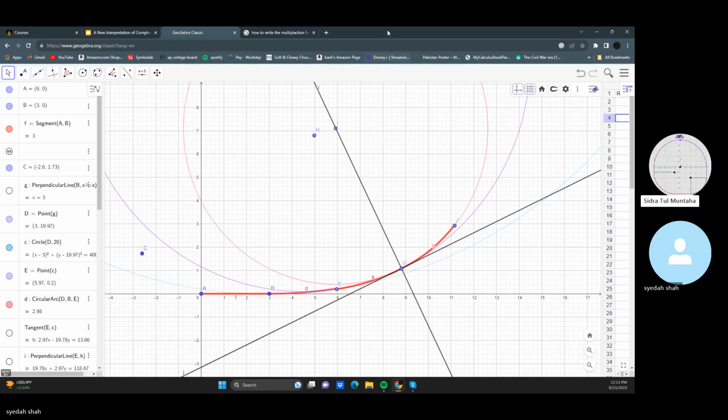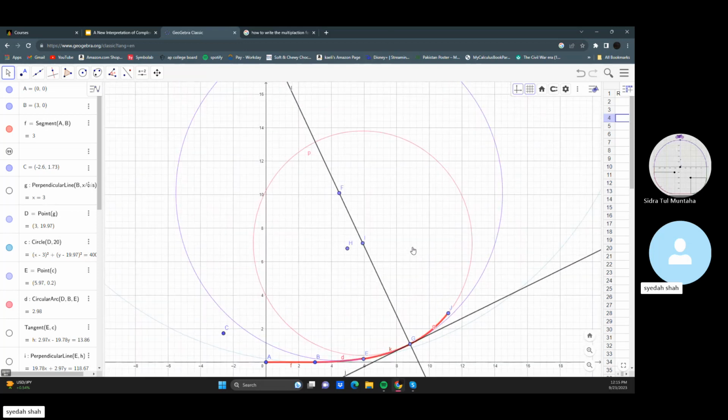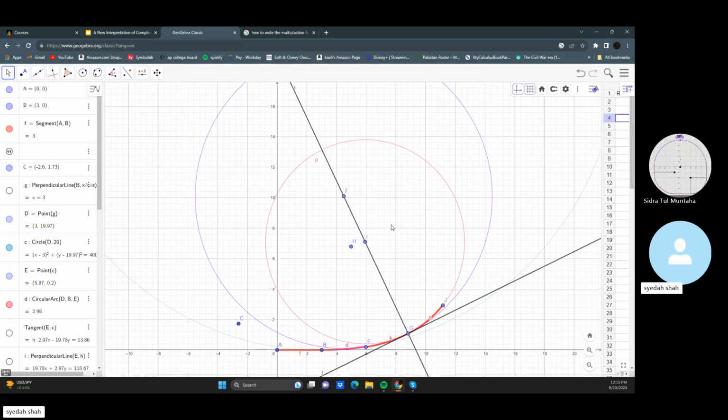By looking at these arc lengths, I can see the circle forming, or like the arc forming. You are thinking that it's going to be another circle? No, wait, I see the arcs forming the curve.